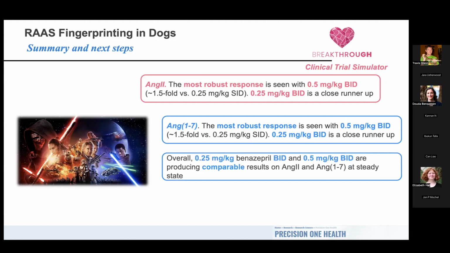So basically, based on those simulations, the 0.25 mg per kg twice a day produced some consistent results, and they were overall superior to the current label once a day.